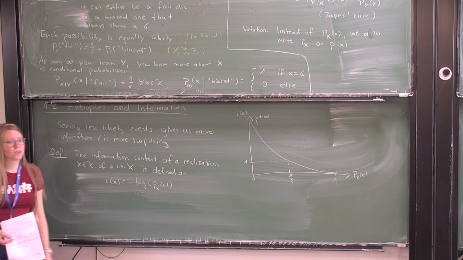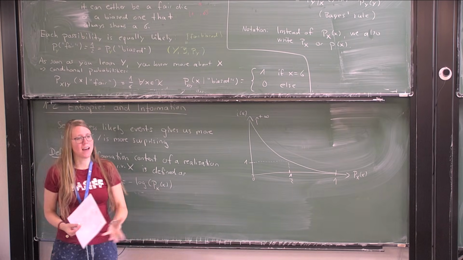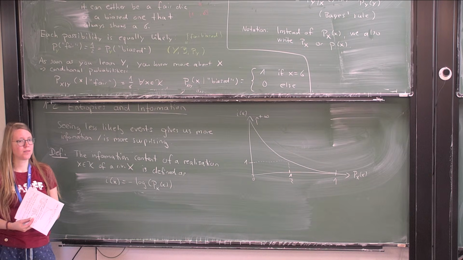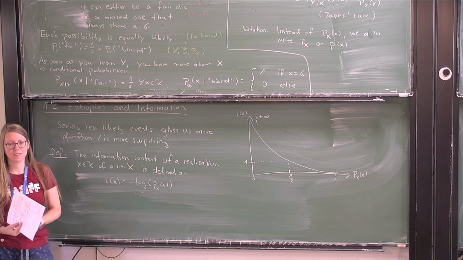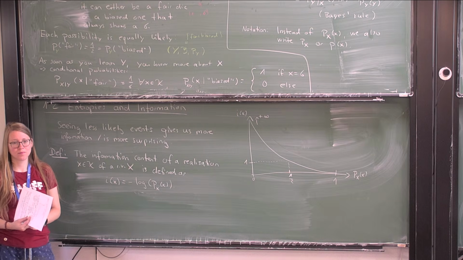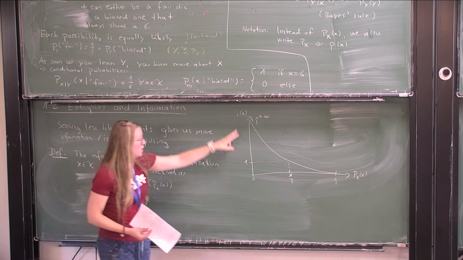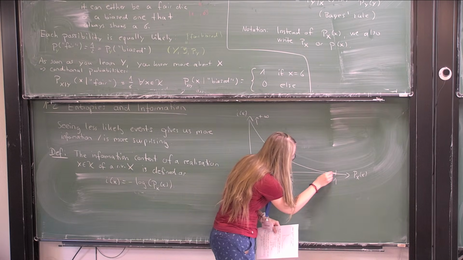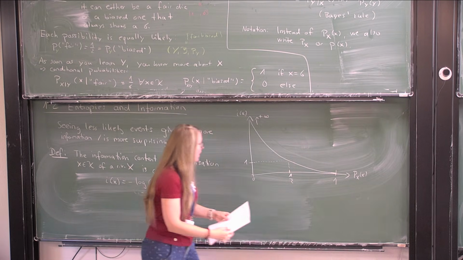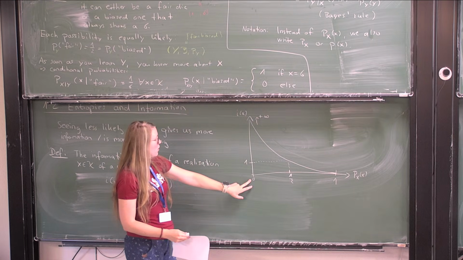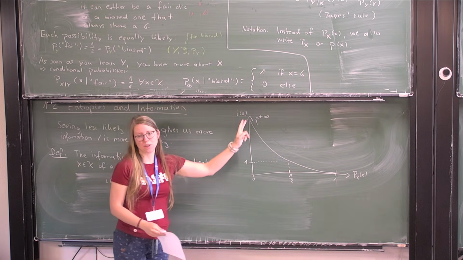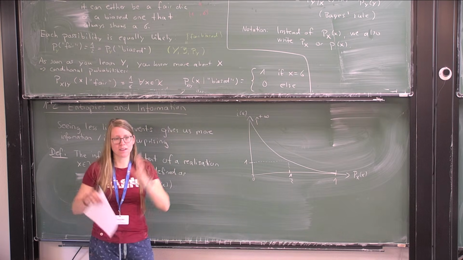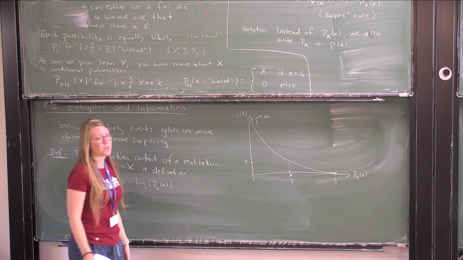You see what desirable properties it has for capturing information. As you said, the less likely an event is, the higher the value. This we directly see. If the probability is 1, then this is supposed to go to 0. And if the probability goes to 0, then it should go to infinity, because if the probability is 0 and I still see the event, then I'm infinitely surprised.